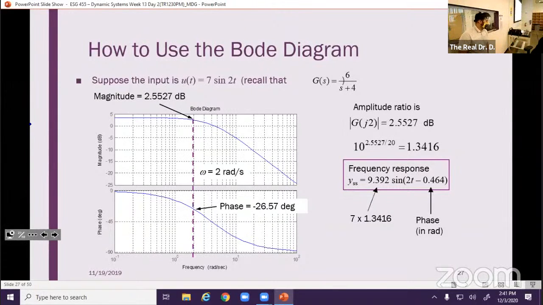Let's just pretend that that's a thing that somebody would do. Then they ask you, hey, can you get me the steady state response for this system, given this input? And you say, yeah, sure. And you don't need to know what the transfer function is to do it, because you have the Bode diagram. So you come over to 2 radians per second, where this purple line is.